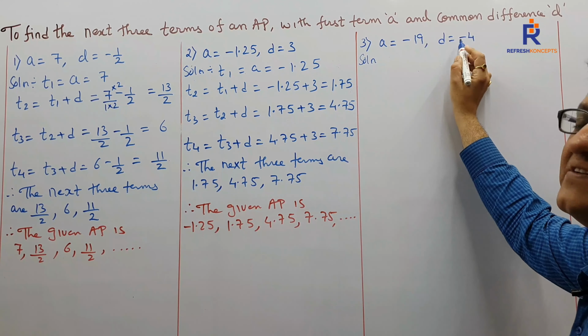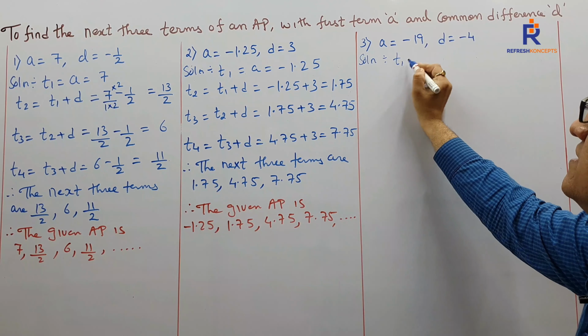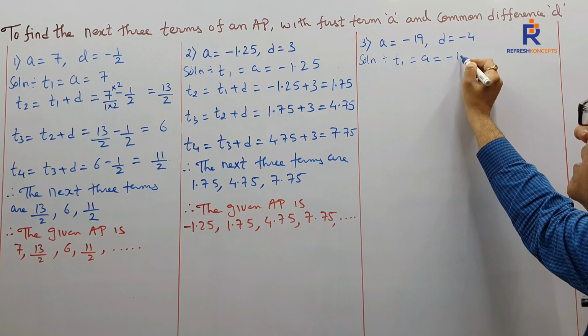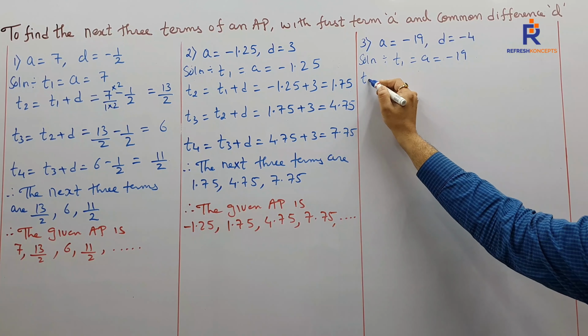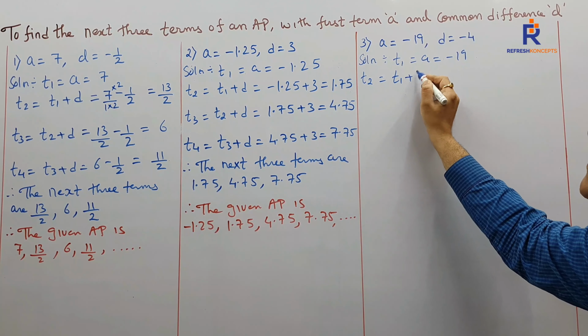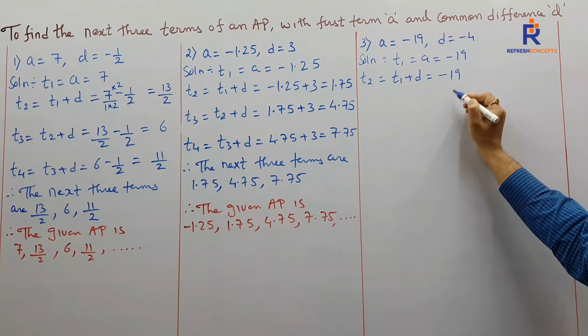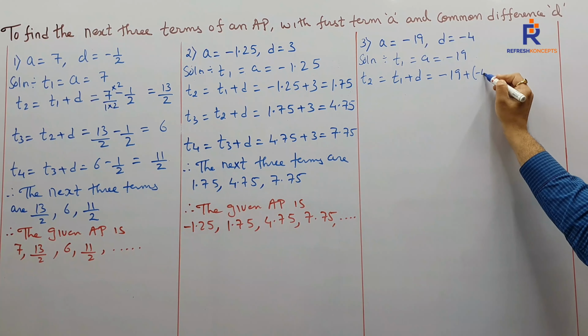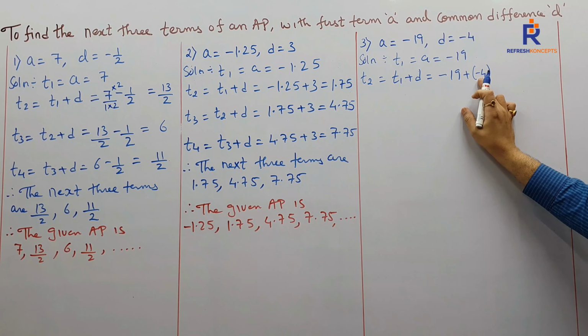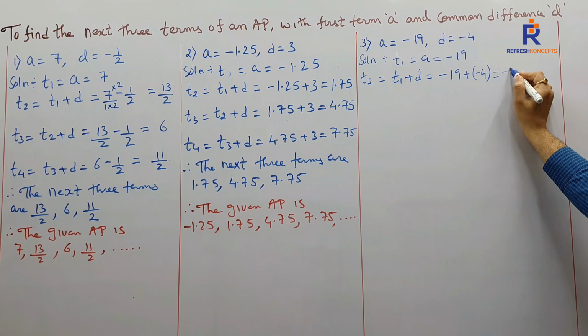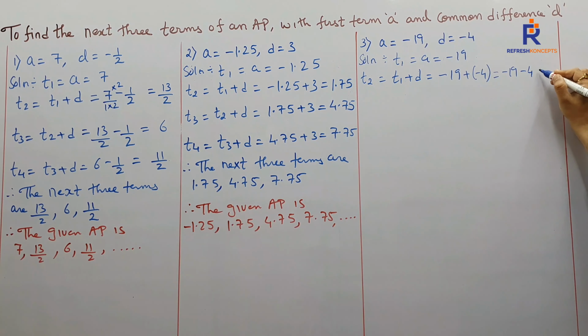Our solution pattern remains the same. Solution, T1 is nothing but A, which is minus 19. How about T2? T2 is T1 plus D. T1 itself is minus 19 plus D, but D itself is minus 4. Now children, plus of minus is minus, so it is minus 19 minus 4, ultimately turning out to be minus 23.